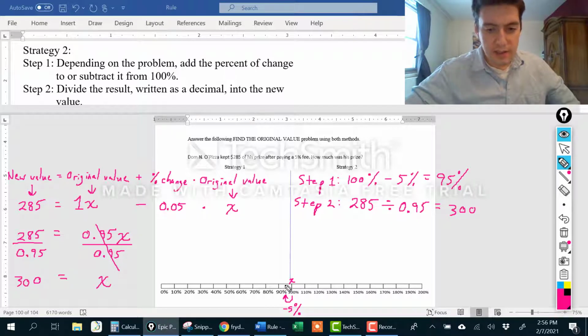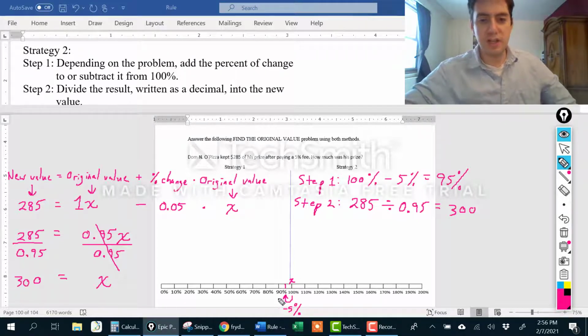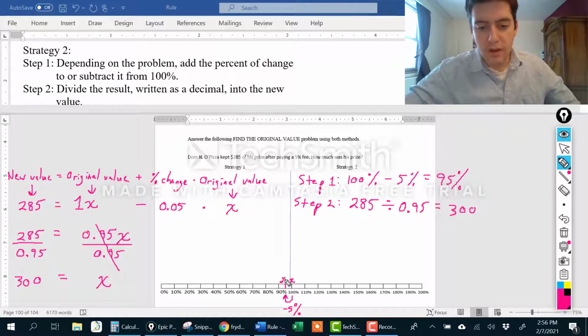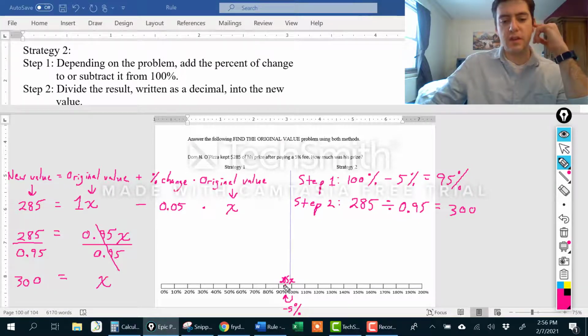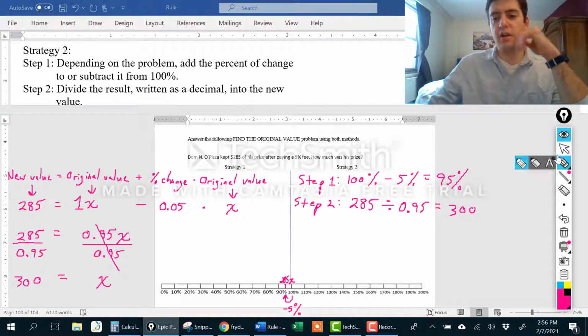So that was just like in the other problem where the person had to pay a fee of 5%. And then in this problem, 285 was the new amount of money after that 5% decrease. So 285 would go over here. I know that's really small. I apologize for that. But that's sort of a visualization of what's going on here.